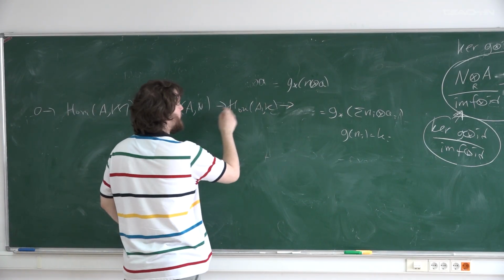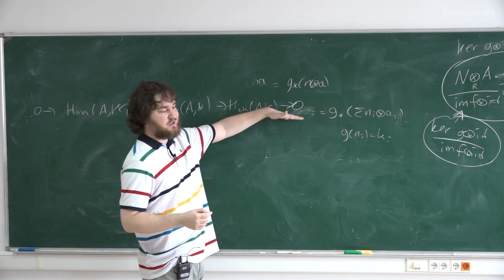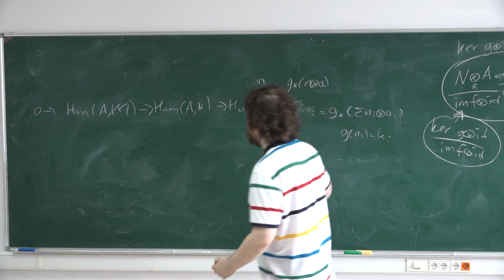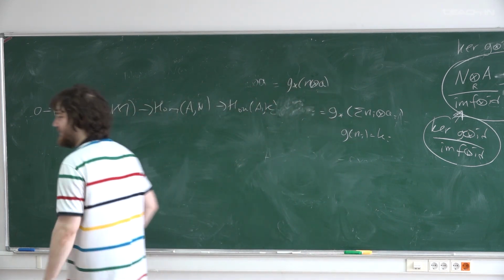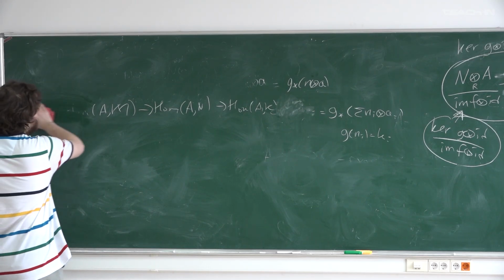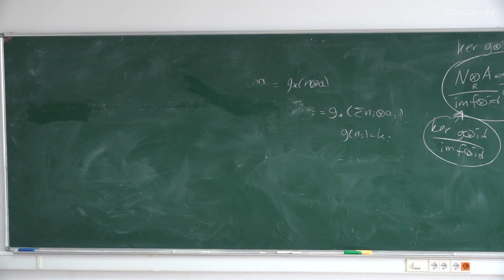This map may be not surjective, and this is the place where homological algebra arises, in fact. But okay, it's kind of the beginning of homological algebra, not homological, just algebra. Okay, and it was the first main result from this part of algebra.